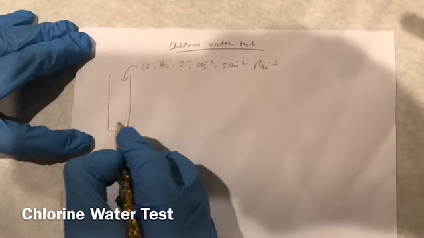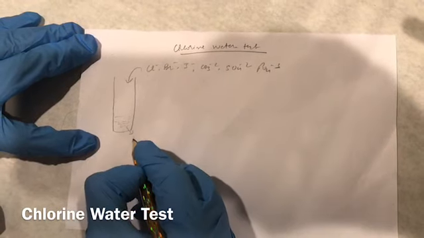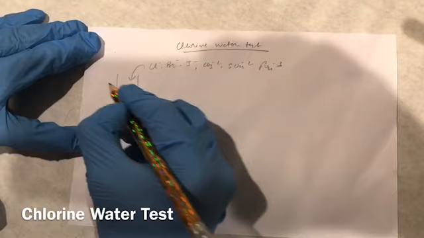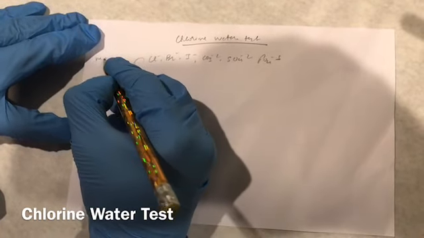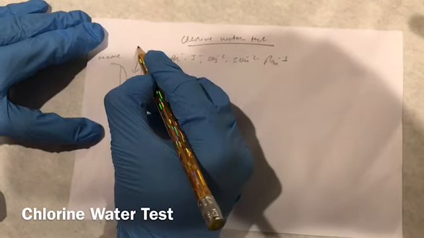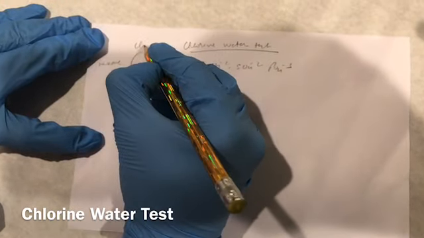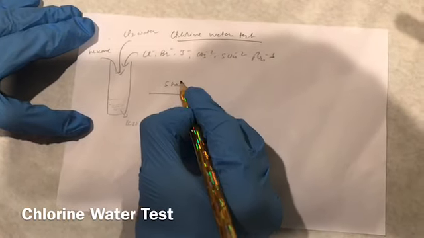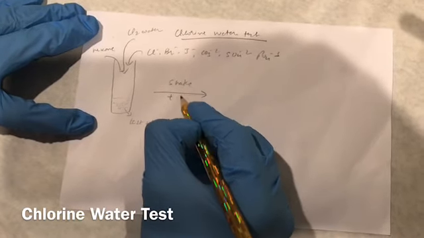So this is the test solution. And then I added hexane. And the third thing I will add is chlorine water, Cl2 water. And then we will shake the test tube.